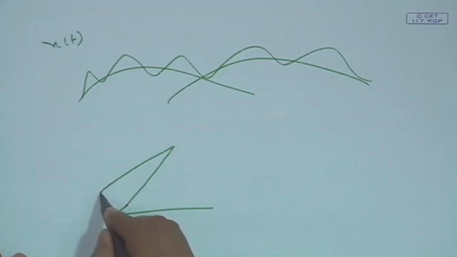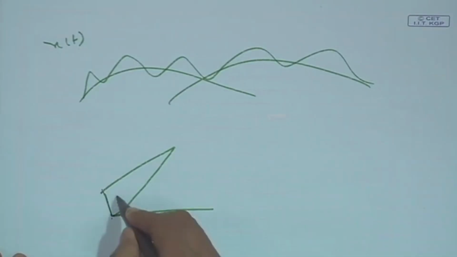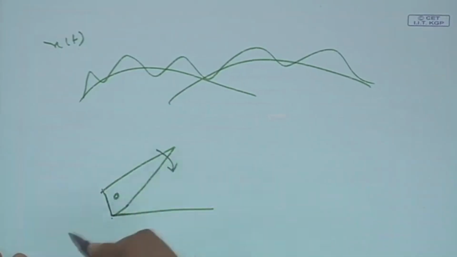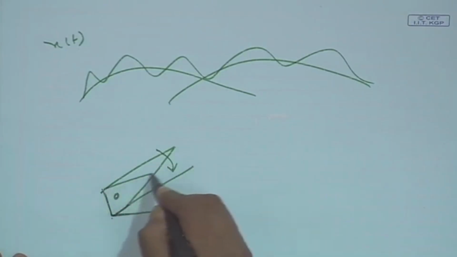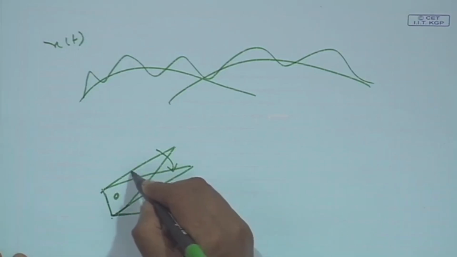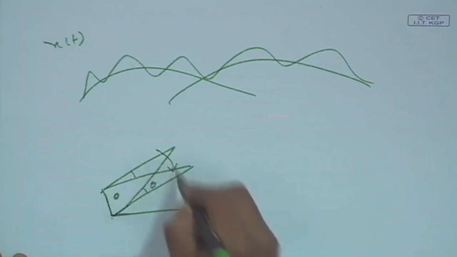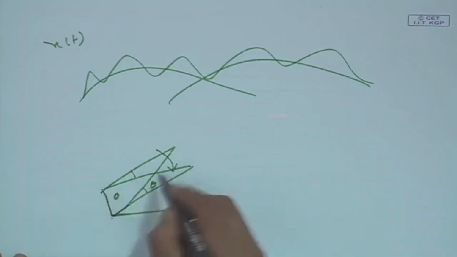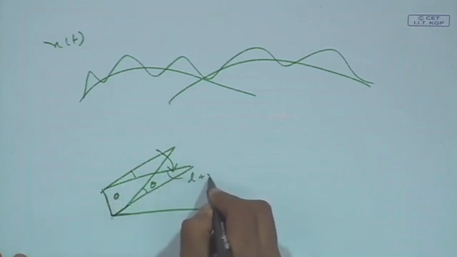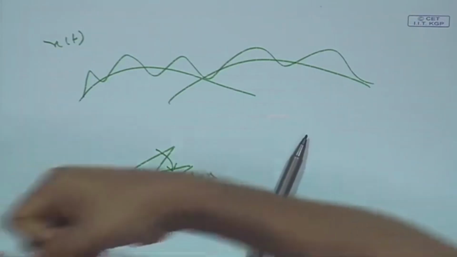If I move it this way, then it is rotation. If I move it to this position, then this angle is theta. This is rotation. Now, if I translate it, then it is L plus x. If I move in this direction, then it is L plus x.